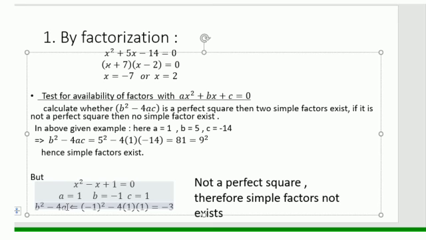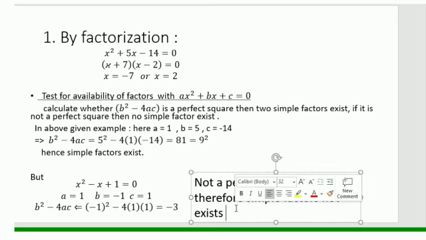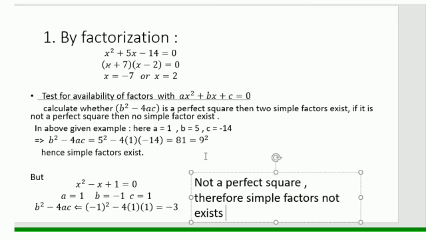Minus 3 is not a perfect square, which means we can't write it in square form. So the simple factor does not exist. This is a new point for you. Before solving by the factorization method, you must check whether factors exist or not, and the technique is b square minus 4ac.